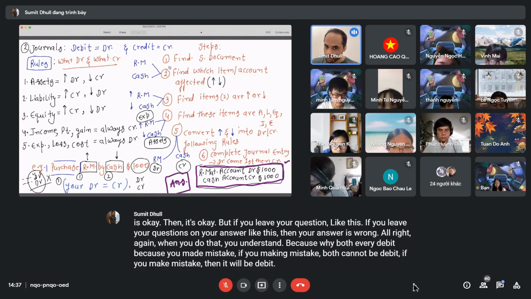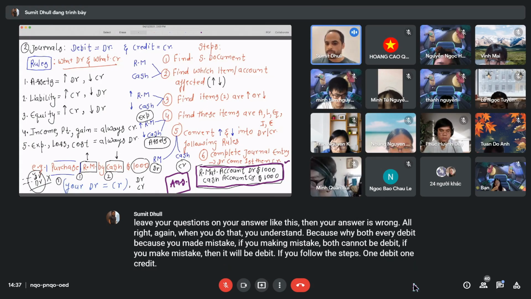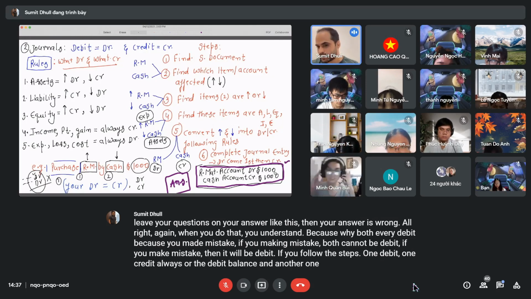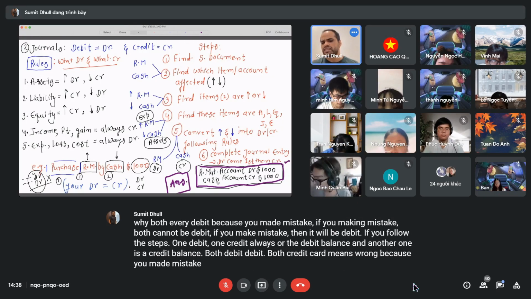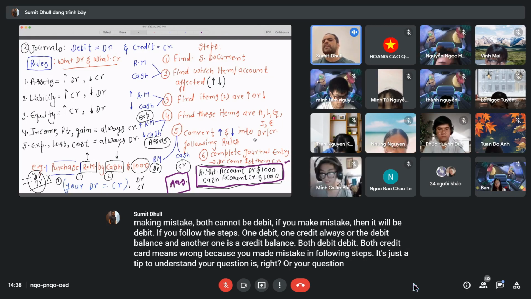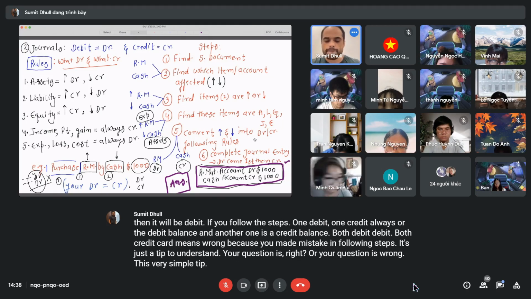If you follow the steps, it is always one debit and one credit, one debit balance and one credit balance. Both debit or both credit means wrong, because you made a mistake in following the steps. It's just a tip to understand whether your answer is right or wrong. A very simple tip.